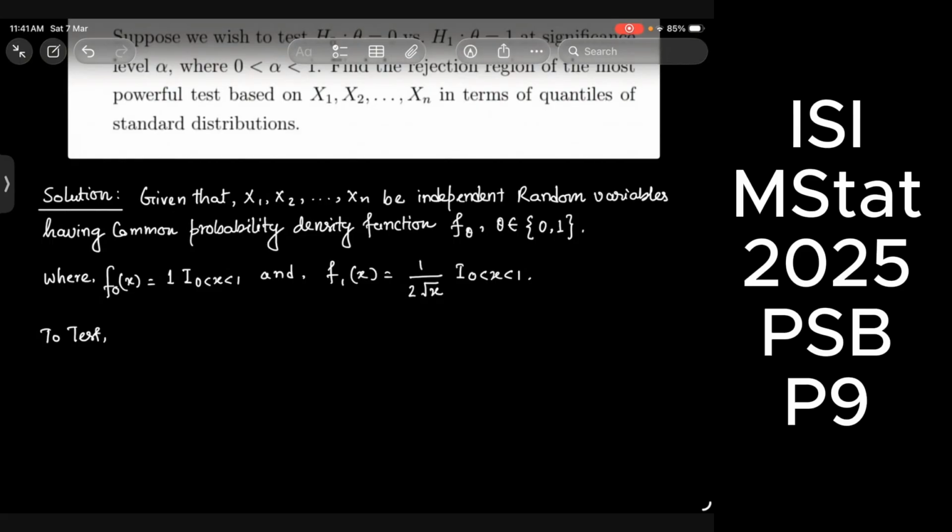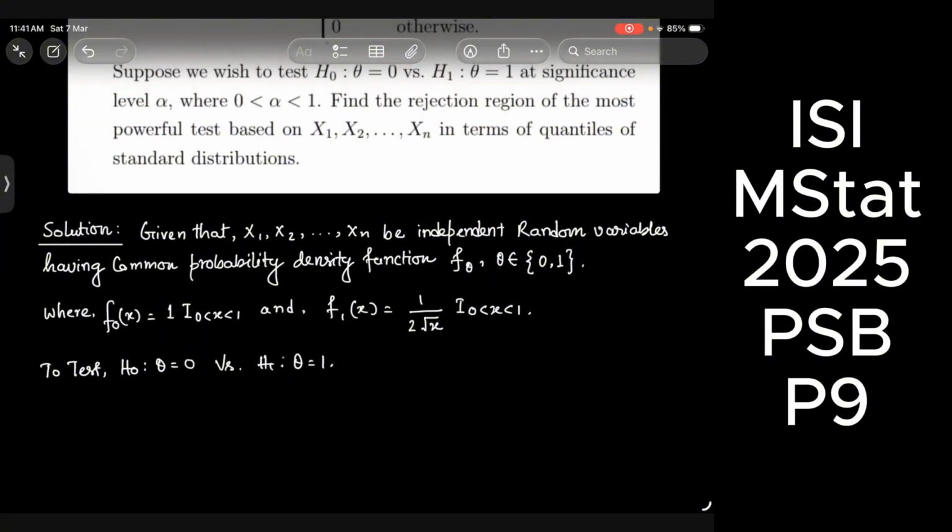What we have to test is the null hypothesis theta equal to 0 versus the alternative hypothesis of theta being 1, right? Yes, sir. We apply Neyman Pearson. Correct.